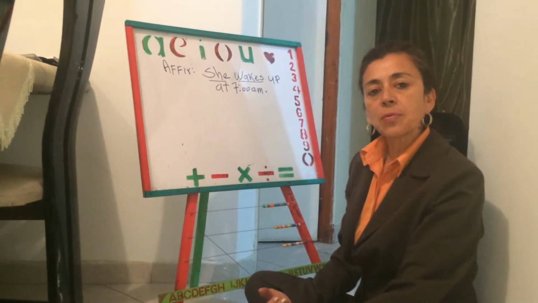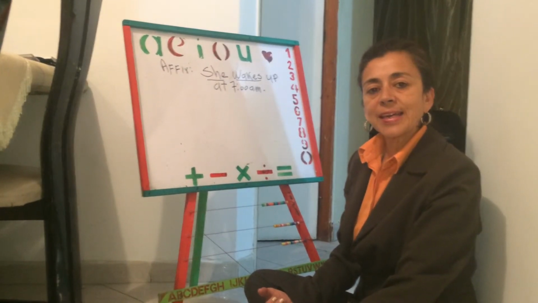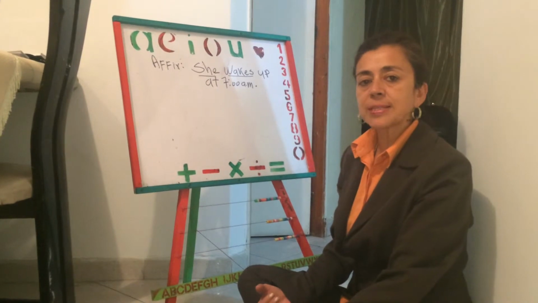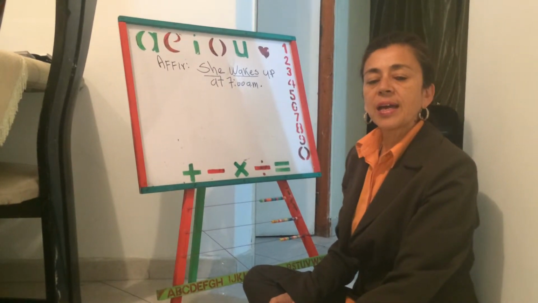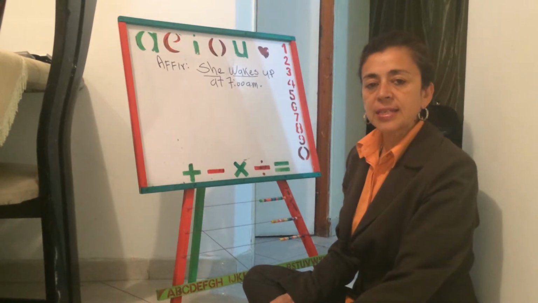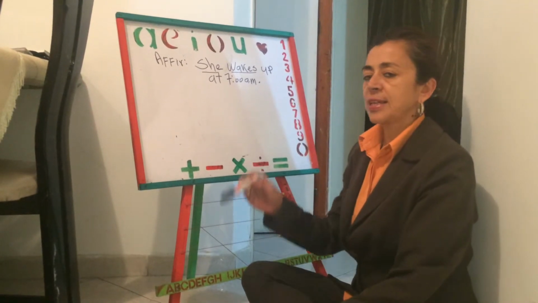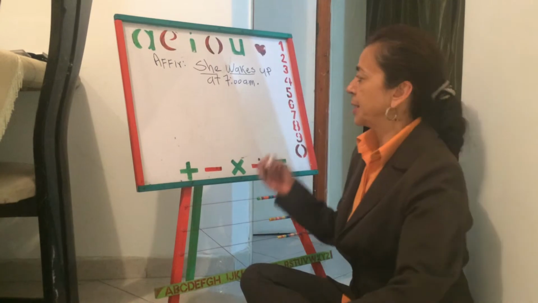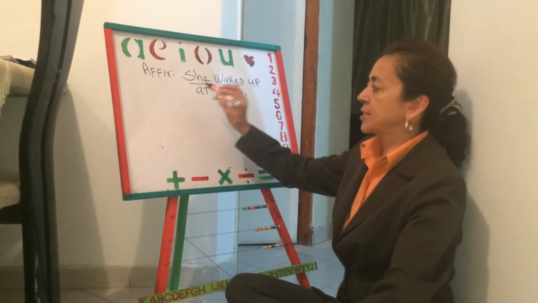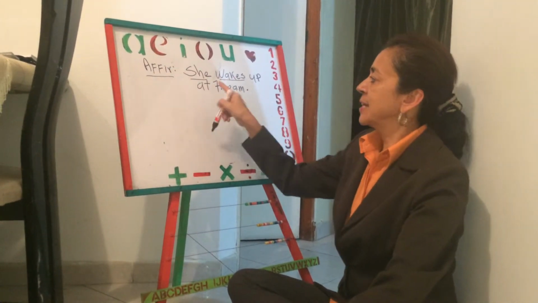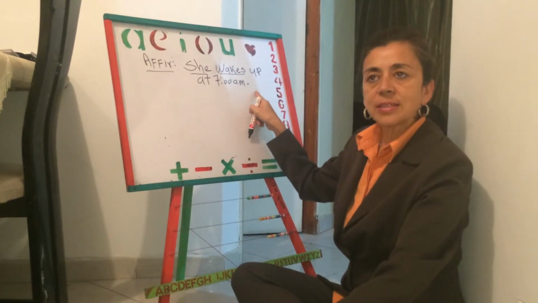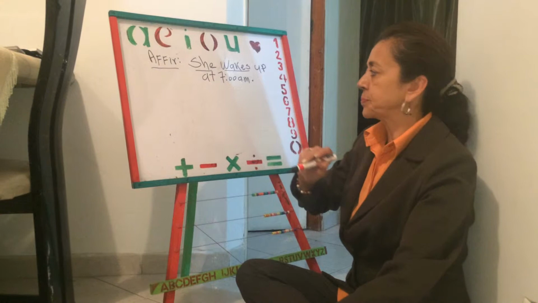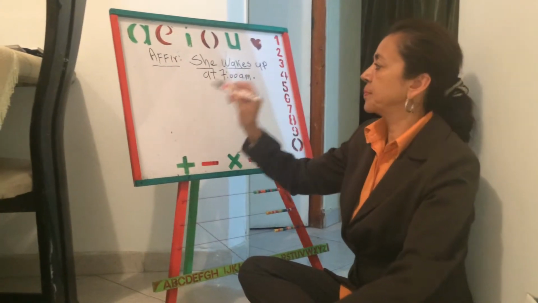Remember that when we have verbs that end in SH, CH, double S, O, Z, or X, we use the ES. Okay? So we have here the first sentence, affirmative sentence, she wakes up at 7 a.m. This is a daily routine or a daily activity.